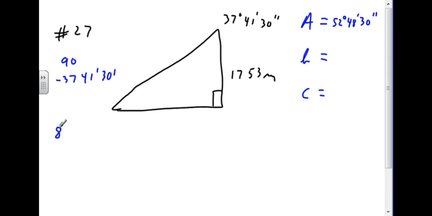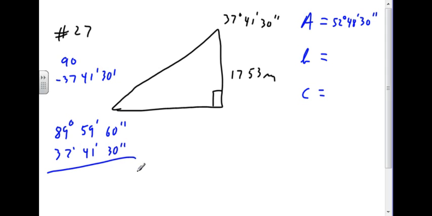So I'm going to say that's 89, and this is 59 minutes and 60 seconds. And then I'm going to subtract from 37, 41, 30. All right, and then I'm going to get 30 there. As I was saying, this is obviously 8.